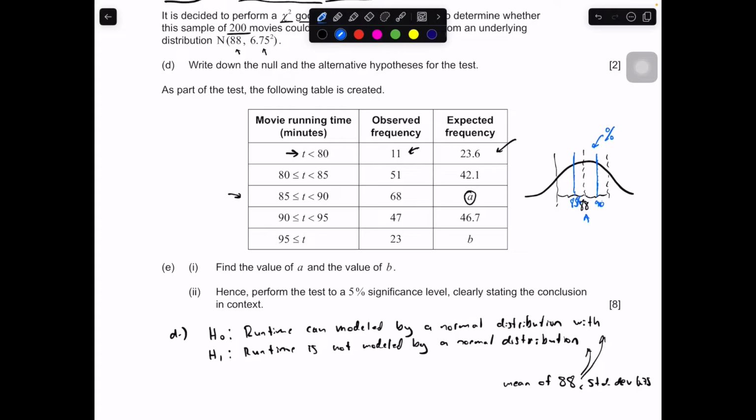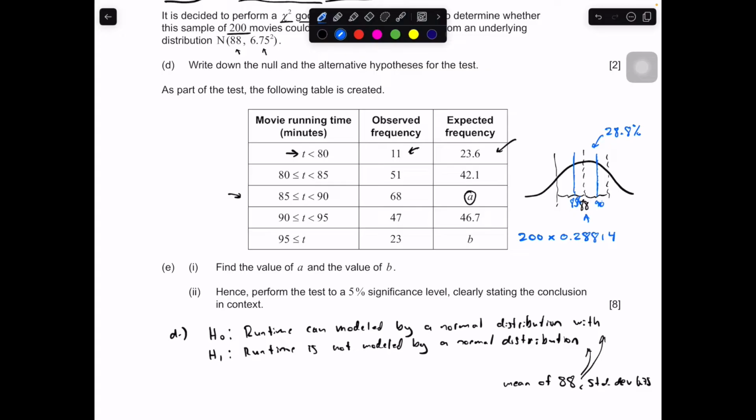So we have 28.8% is how much we would expect. 28.8% of our values we would expect to fall within this range. And that's not actually the value that we put in, because we have 200 movies, and we would expect 0.288, might as well put some of the other digits as well, just to make sure we get accuracy.